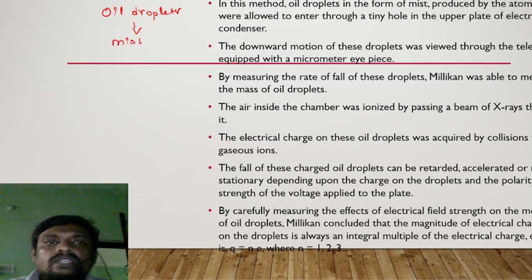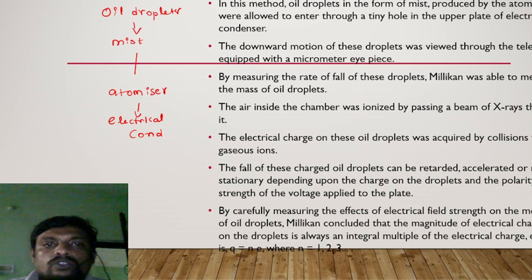Mist is nothing but small droplets, a kind of vapor, produced by an atomizer, and they were allowed to enter through tiny holes in the upper plate of an electrical condenser.